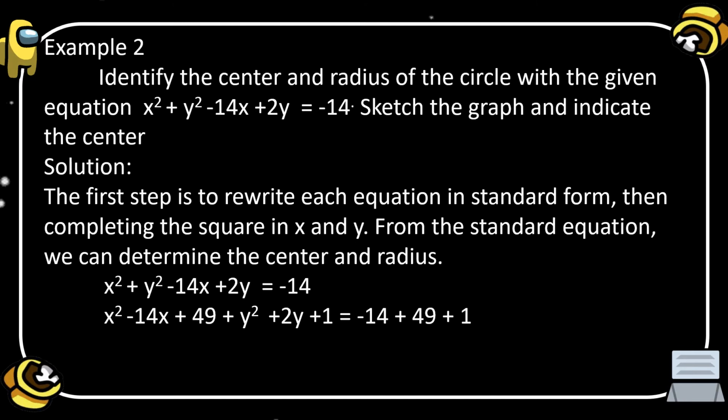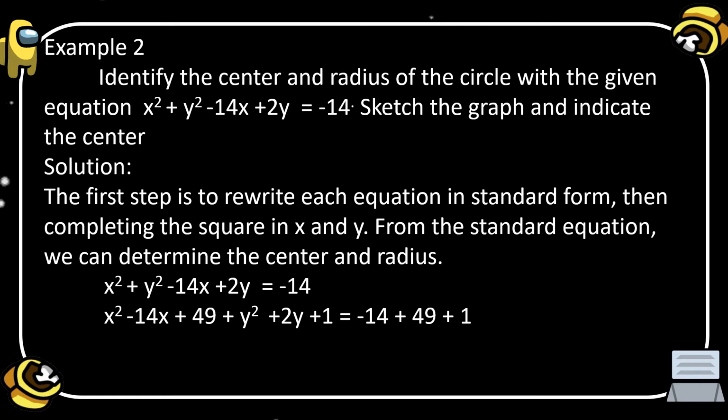So we have negative 14 over 2 times 1. The result is negative 7. When we square it, the result is 49. That's why the expression is x squared minus 14x plus 49.